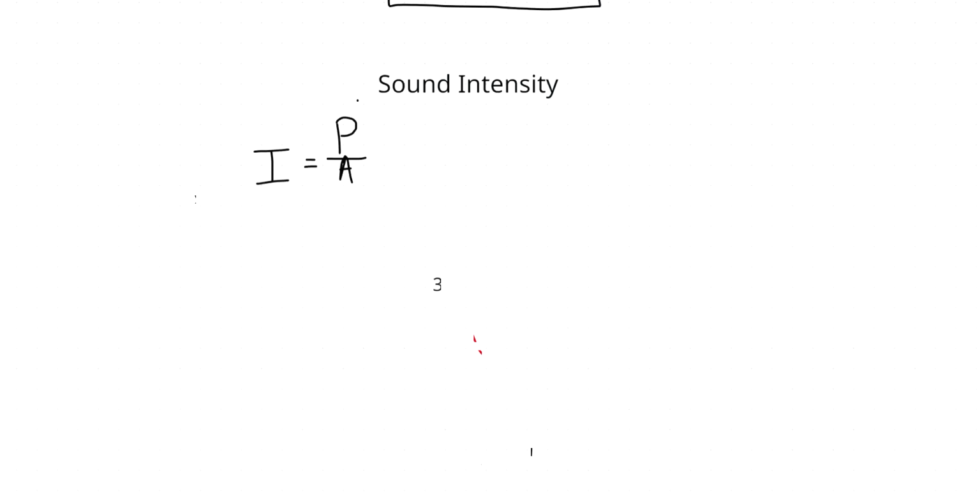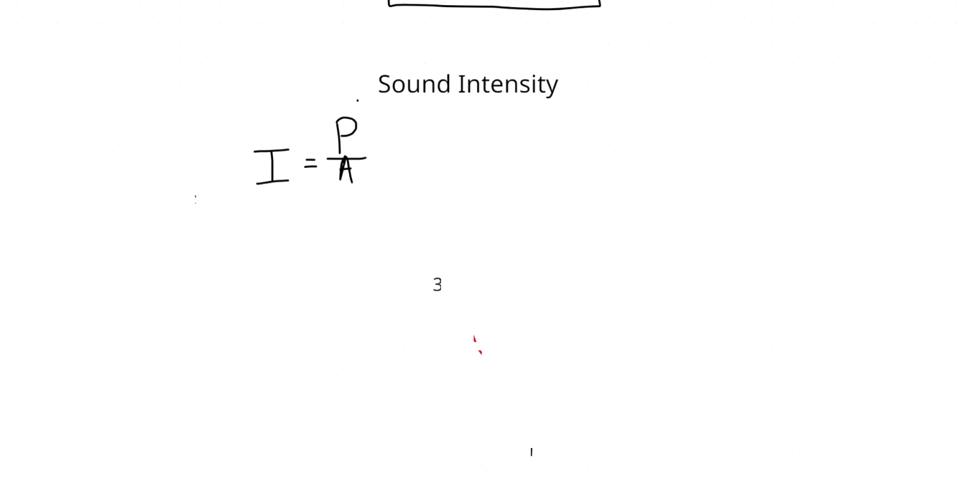If you have headphones, they do have a power output, but certainly not that loud. But since you're putting your earbuds directly into your ear, the area there is really small. So when we have a very small number on the denominator, if we put headphones in, we can have a pretty intense sound, a pretty loud sound. Don't want to make it too loud and damage your eardrums, right?